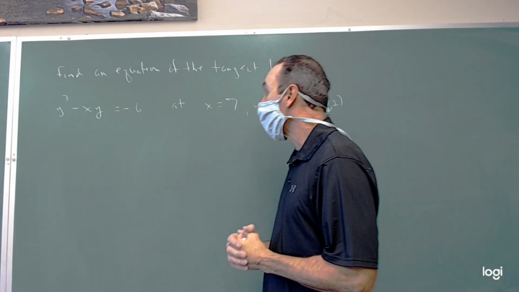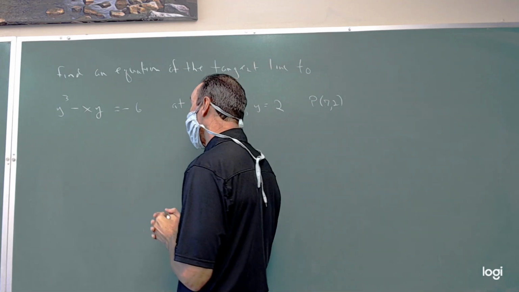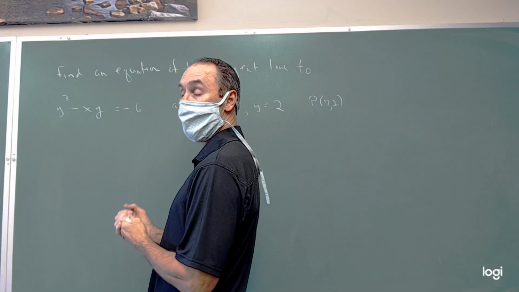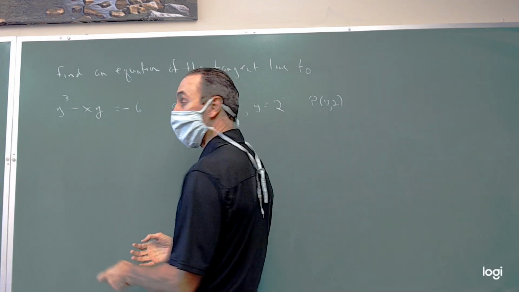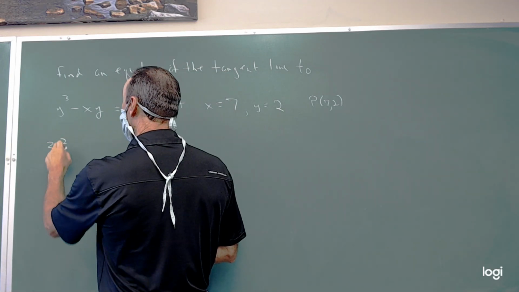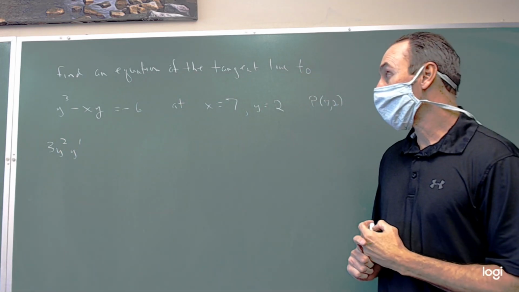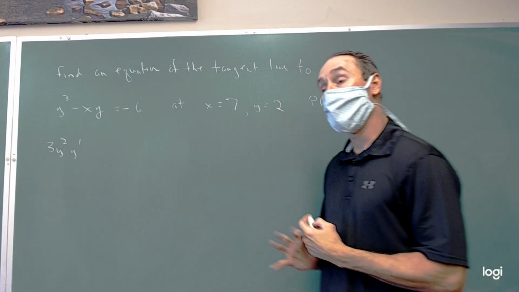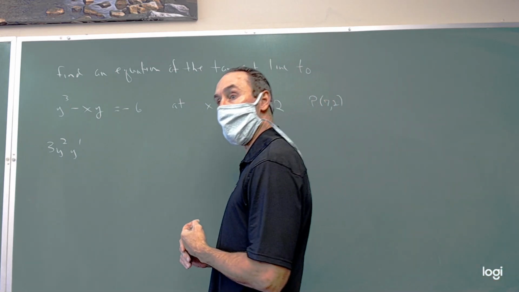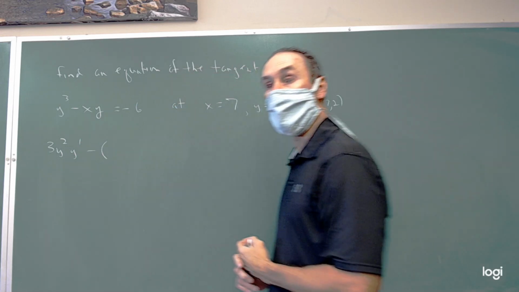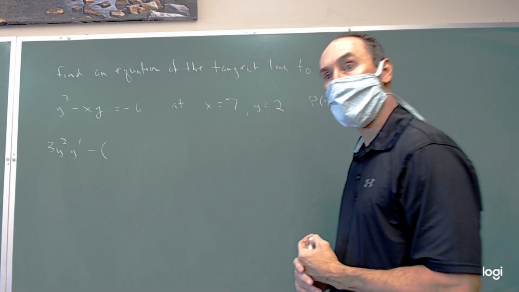So here we are again. We're going to do some implicit differentiation. So the derivative of y to the third is going to be 3y squared y prime. Now be careful, here's a product rule again with a negative in front. So we're going to do that same strategy of leave the negative out, and now do our product rule on x times y.